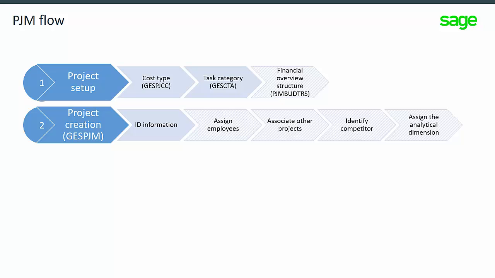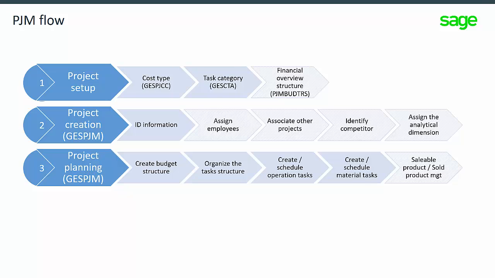It's also possible to assign employees to the project, associate other projects, add competitor information, and to assign the analytical dimension codes. To simplify the project creation, you can copy a predefined project template as well as existing projects.